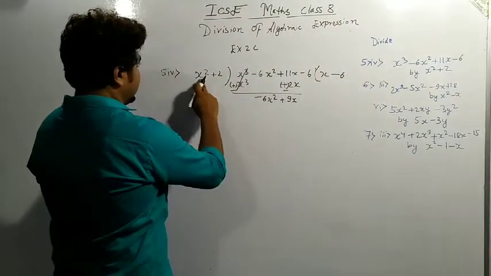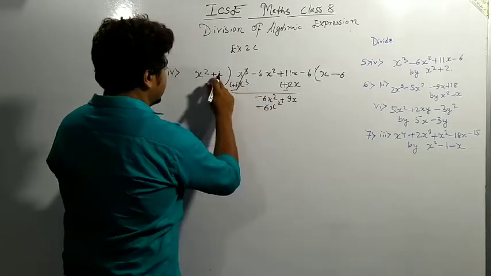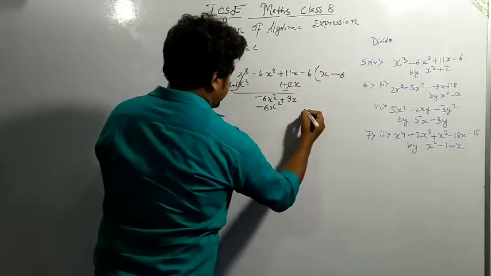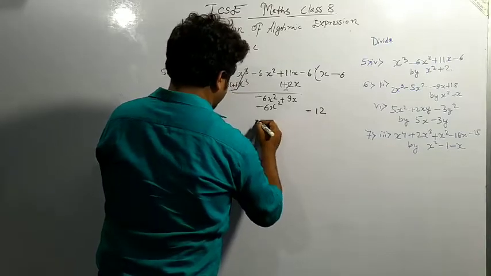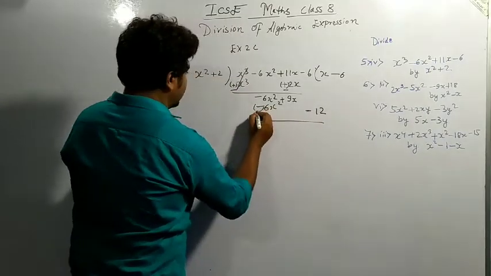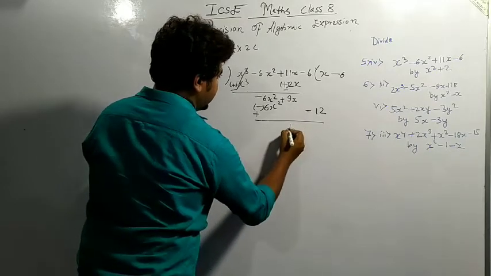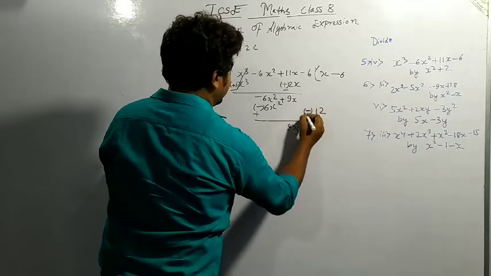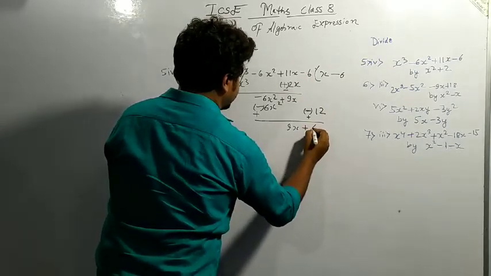If I multiply with minus 6, it becomes minus 6x square, and minus 6 into 2 is minus 12. So again this term gets cancelled, 9x remains, and from here this minus will become plus. 12 minus 6 is plus 6.